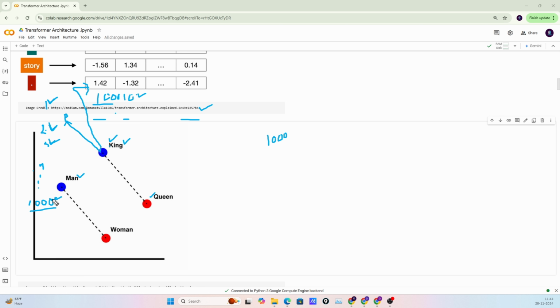If we simply add the positional, or order, information in this way, 1000 added to the king embedding, then the king embedding shifts in some direction, let me suppose in this direction, so it loses its semantic information. It goes far away from queen, woman, and man, because it loses semantic information due to the higher value of positional information.